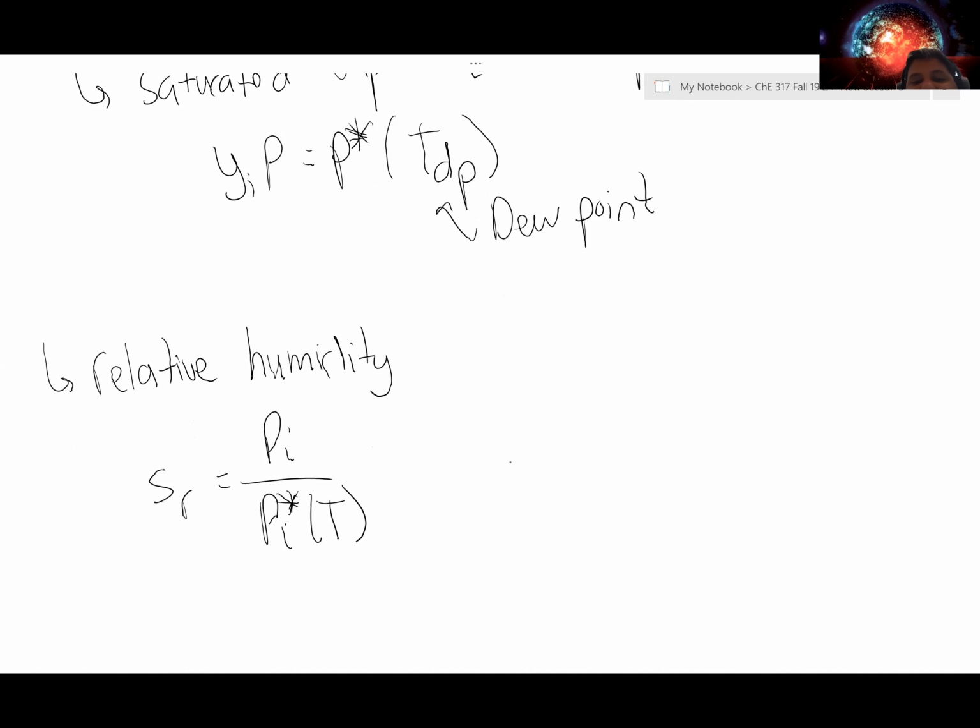This implies that the relative humidity is 100% at saturation.